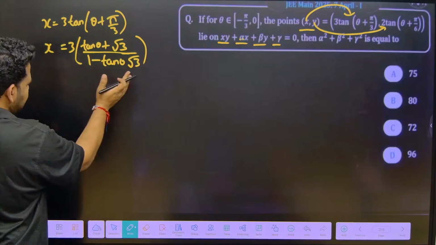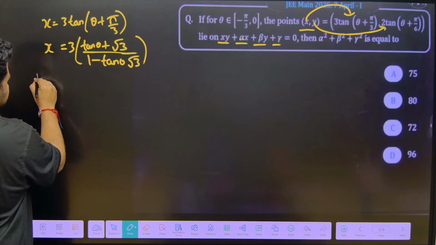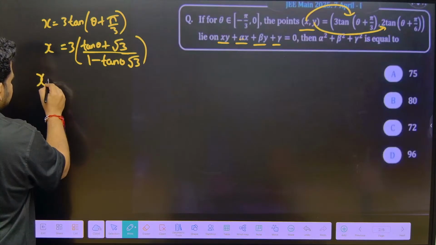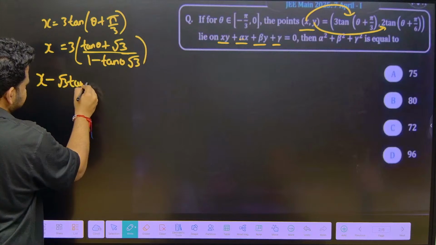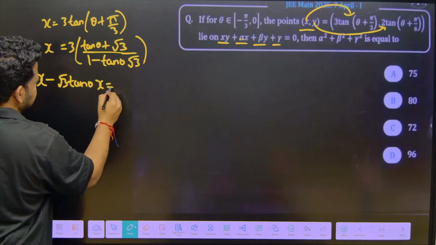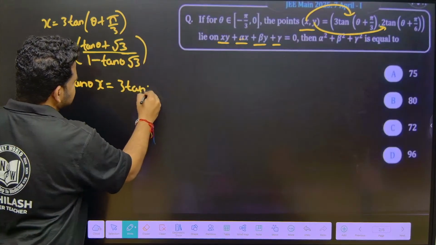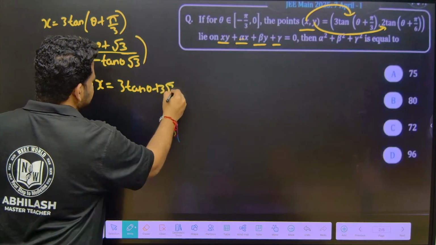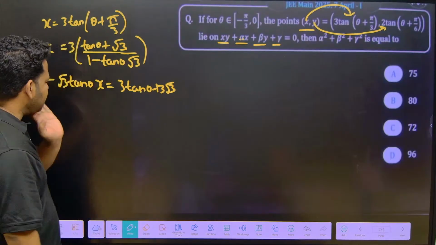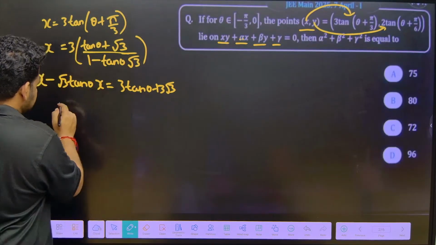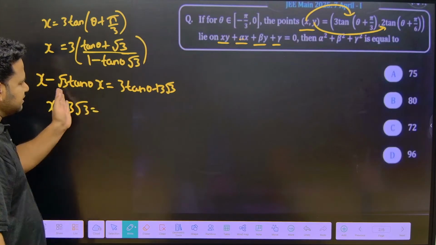Now I will cross multiply this. This will become x minus root 3 tan theta x, equal to 3 into tan theta plus 3 root 3. Now for further simplification, x minus 3 root 3 goes to one side and all the tan terms go to the other side.